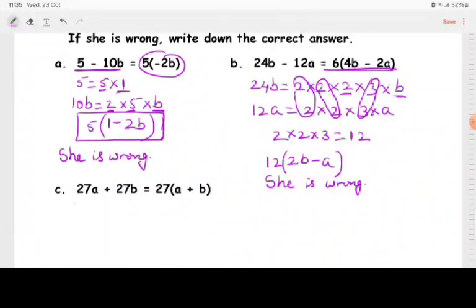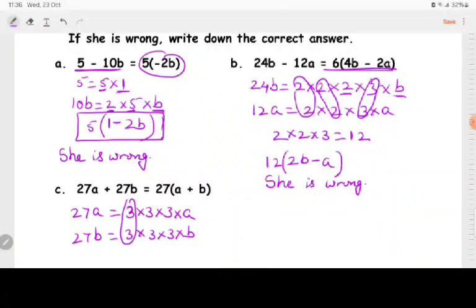Alright, let's check. 27A is equal to 3 into 3 into 3 into A. We have 27B, which is equal to 3 into 3 into 3 into B. So first 3 in common, second 3 in common, third.